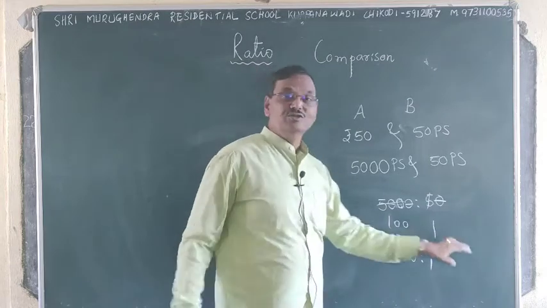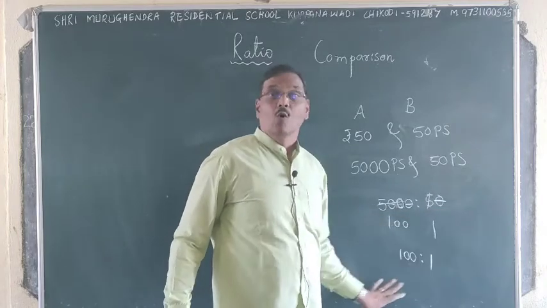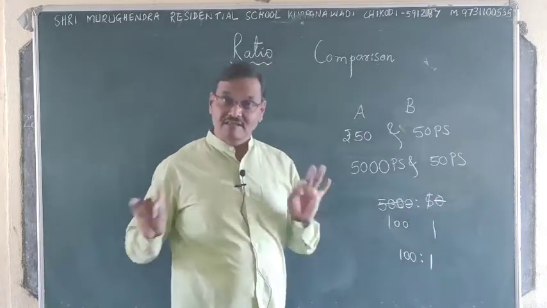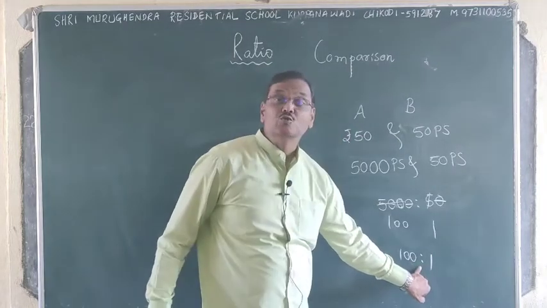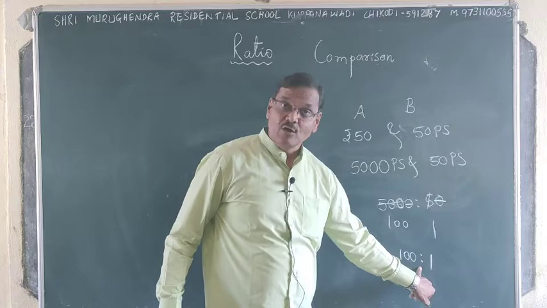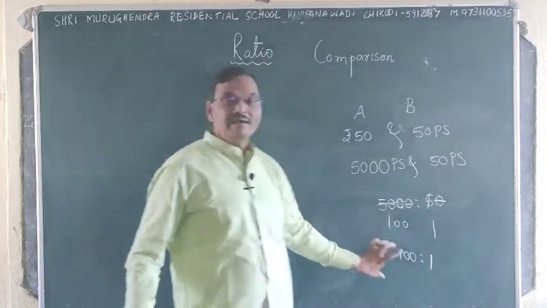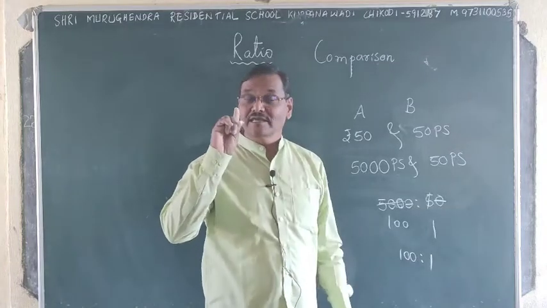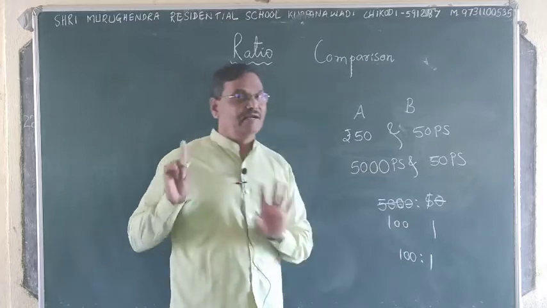Who is rich? Who is poor? Who has more money? Who has less money? All calculation should be done from this point. These two dots denote the ratio. Here in ratio, we should not explain, and its simplest form should be written.